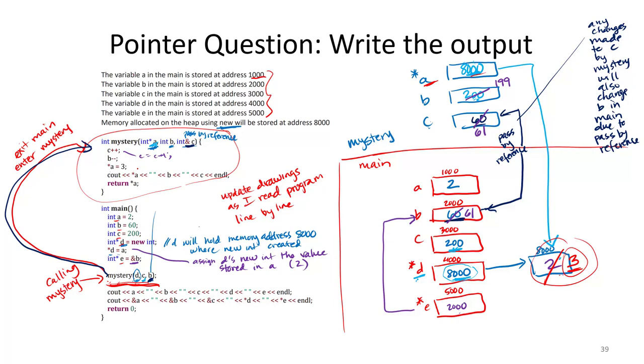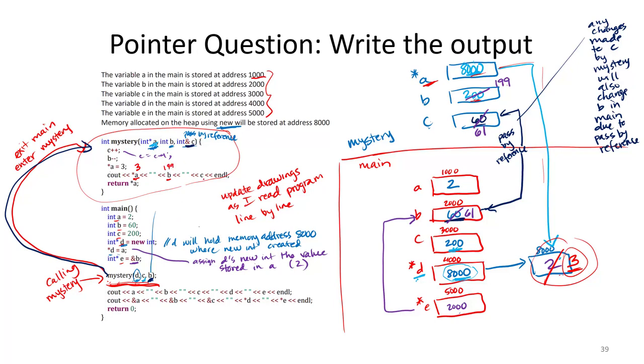Now I have a cout statement. I'm being asked to output the address stored in A, which is the A in mystery. So I'm sorry, not the address stored in A. I'm supposed to output the value where mystery's A points. Mystery's A is pointing at 3. Next, I'm outputting mystery's variable B. B contains the value 199.